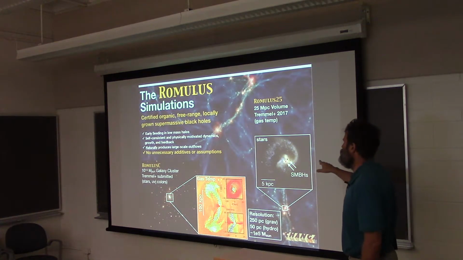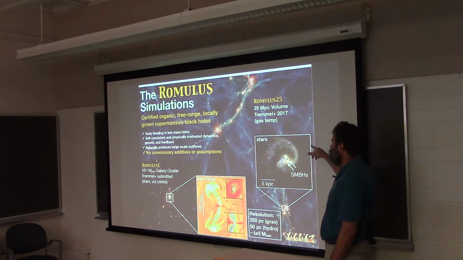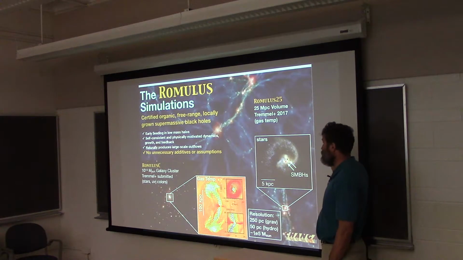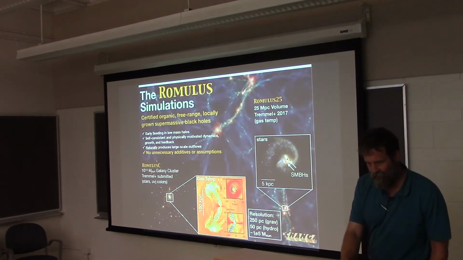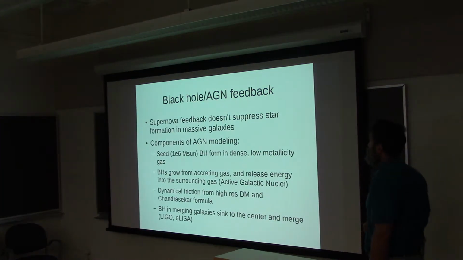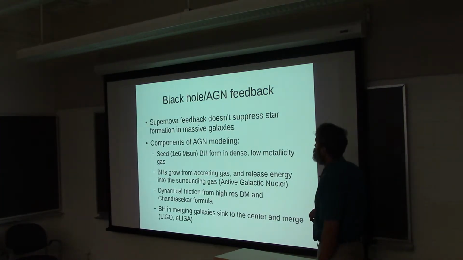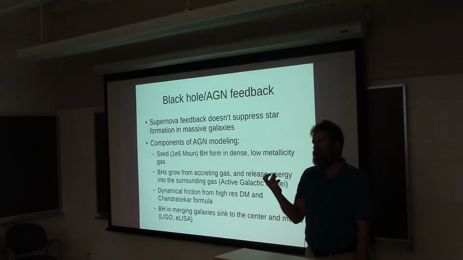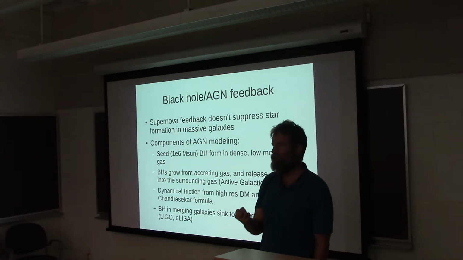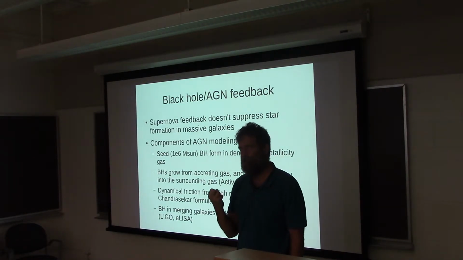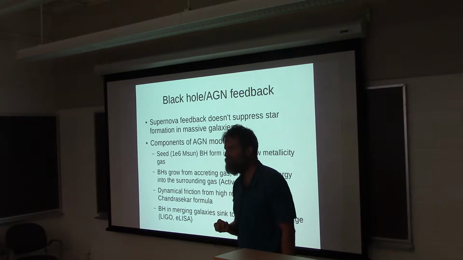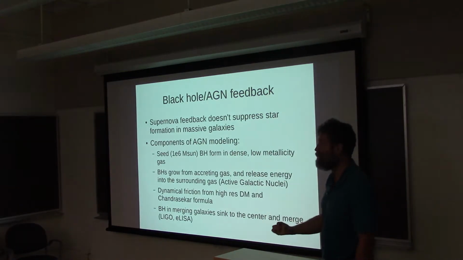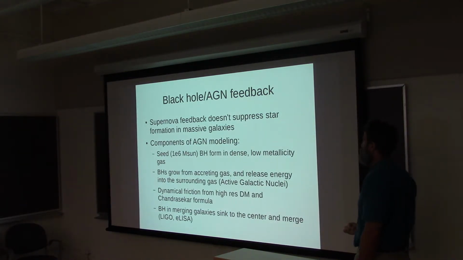So key ingredients here, the sort of novel thing about these simulations, is we form black holes. Actually, let me go to the other slide rather than a splash slide. We're motivated by the fact that when we were running large Milky Way size and above galaxies, the central regions did not have their star formation effectively suppressed, and we got runaway star formation in the center.